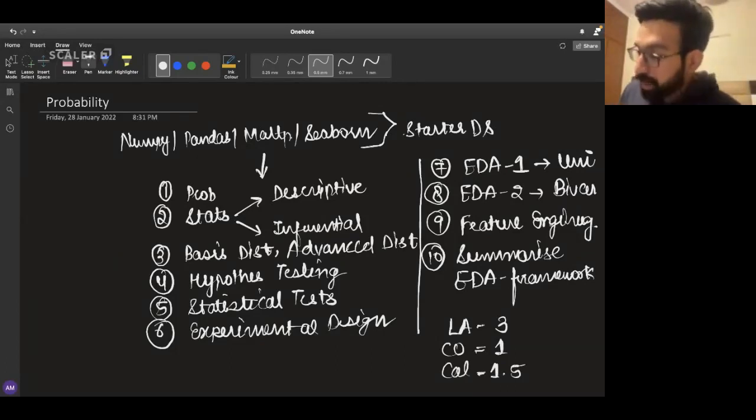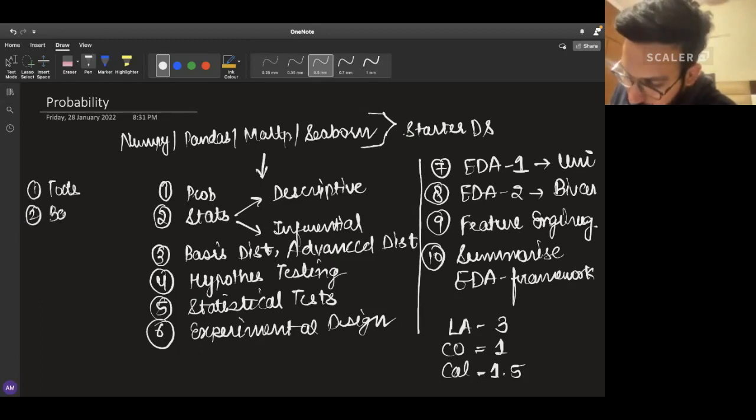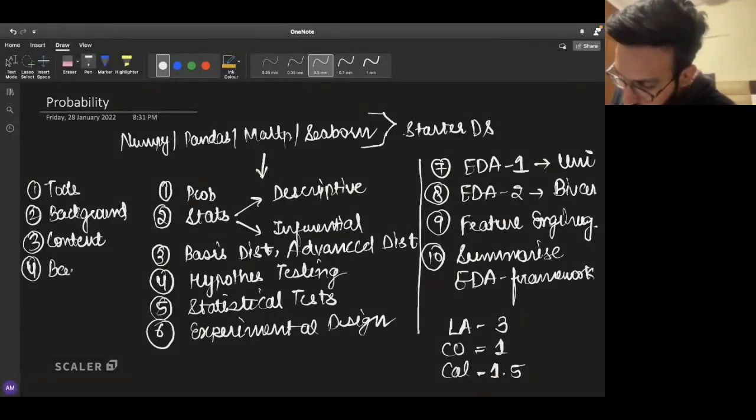As you can see, it always goes from first some toolkit, tools, then background, then we'll cover the actual content, and then further we'll go back to either tools or background. We'll do a mix of tools and background.